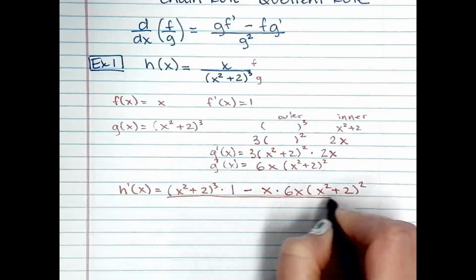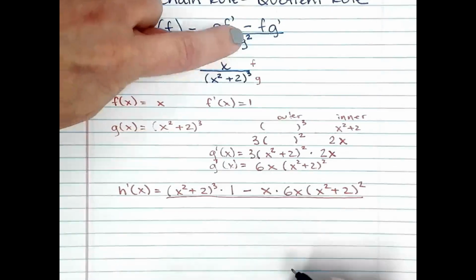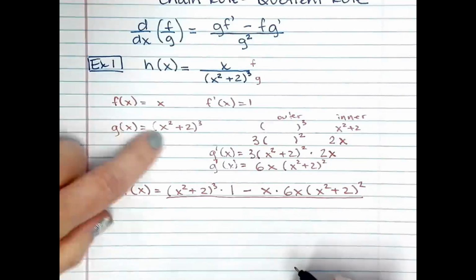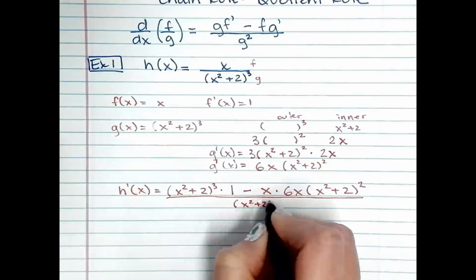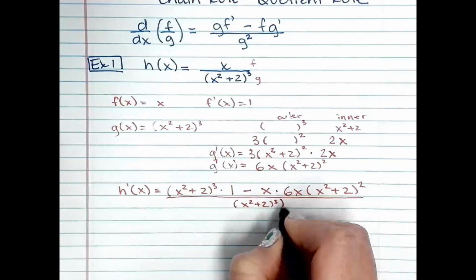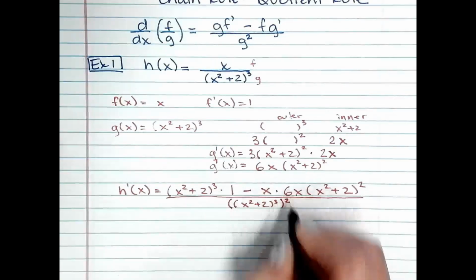Everything divided by g squared. So function g is x squared plus 2 to the third power. Now you square it right there.